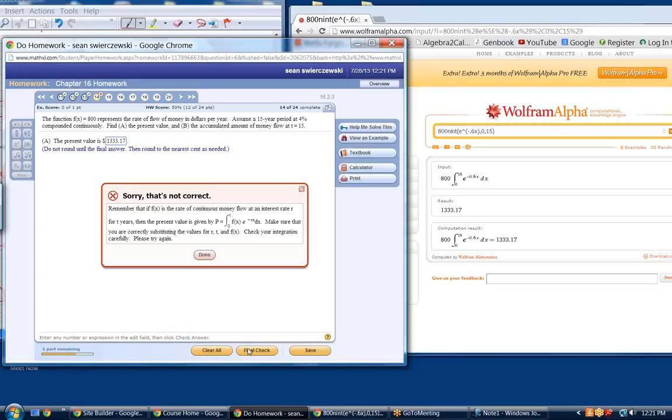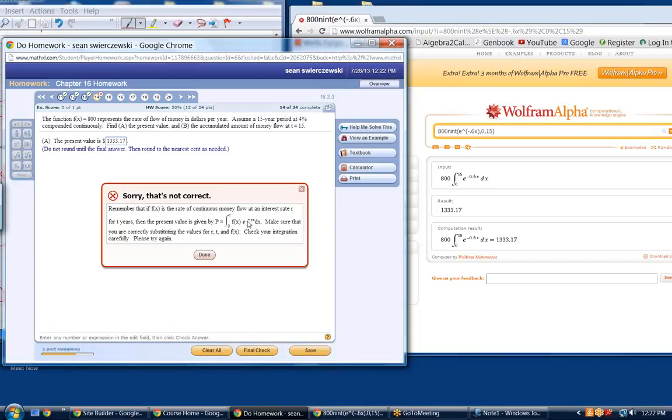Does it matter if the 800 is also outside of the integral? No. Constants, as long as they're being multiplied by the function, you can take them out. It doesn't matter at all. Present value is the integral from 0 to t, which is 15, of 800 e to the minus rx.